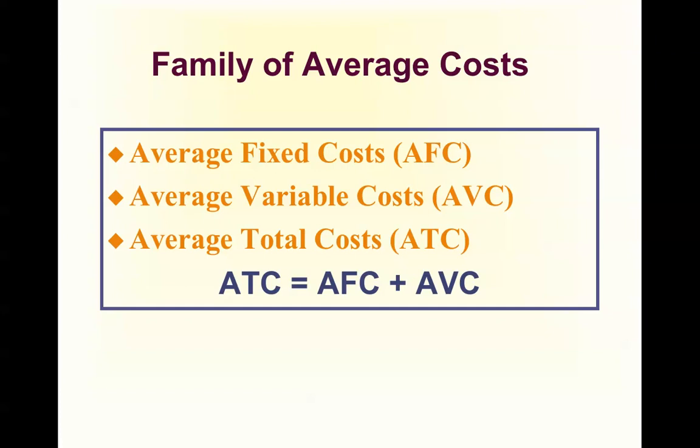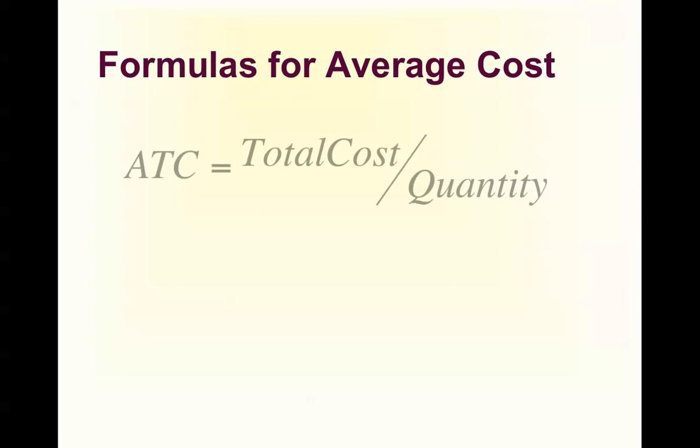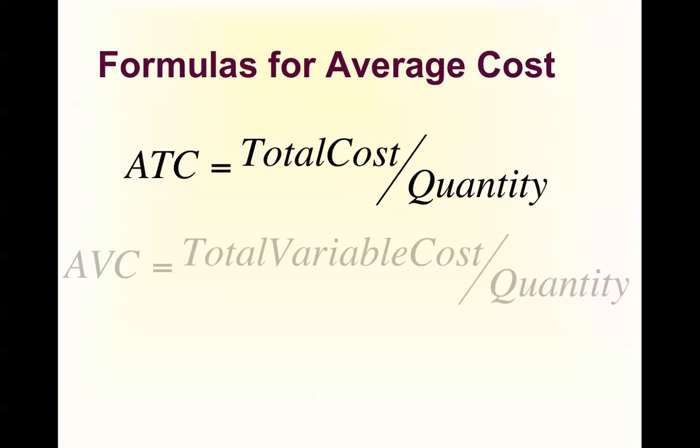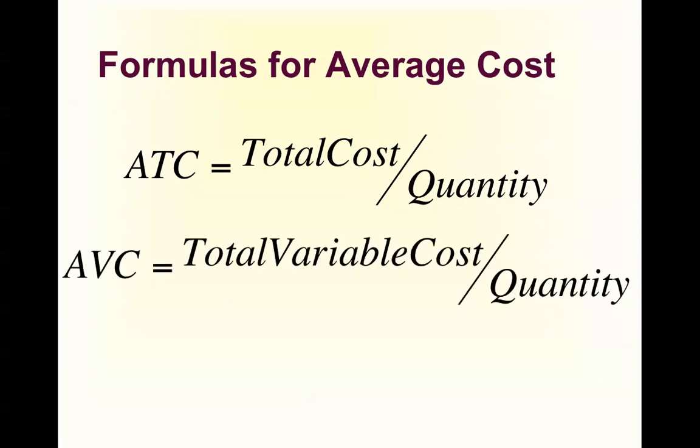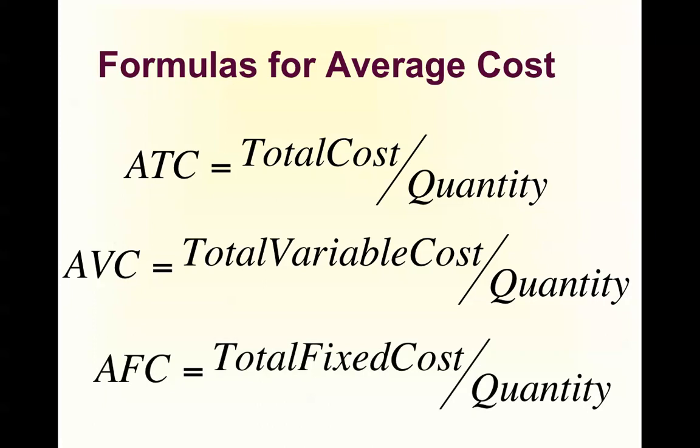Now there's a formula for each of these. Since it's the average, it's going to be the total divided by the quantity. Average total is the total cost divided by the quantity. Average variable is the total variable cost divided by the quantity. And average fixed is the total fixed cost divided by the quantity.